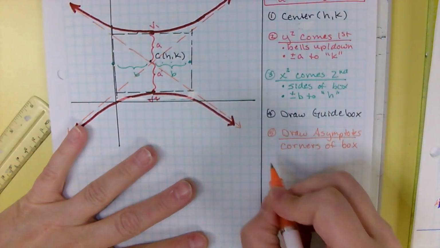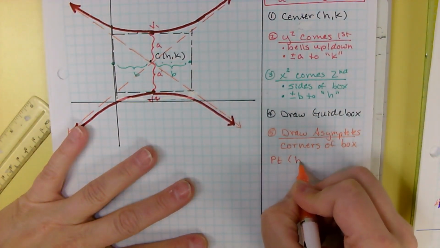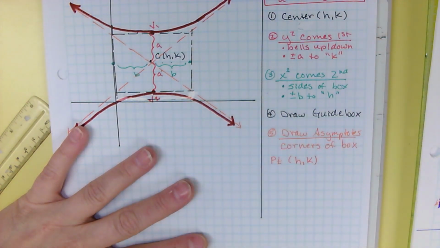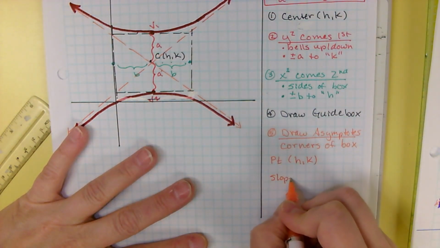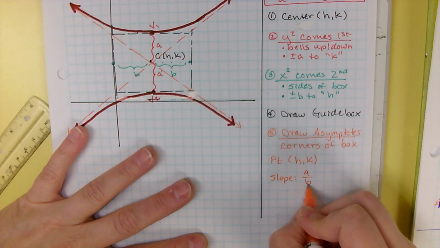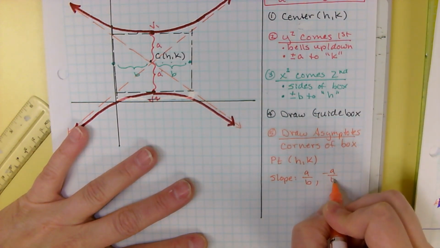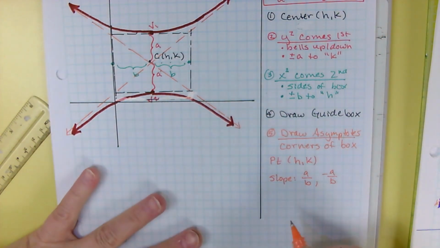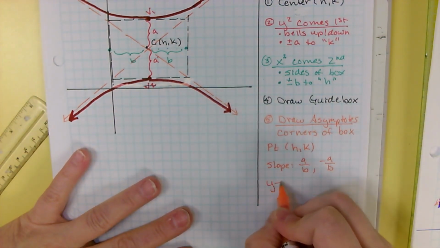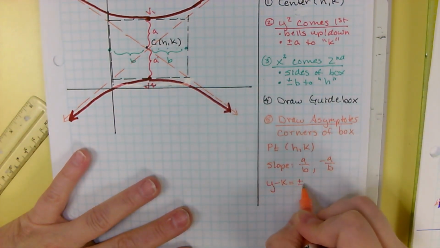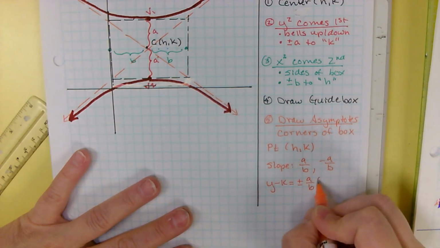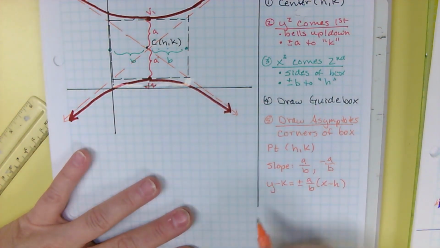So let's write this down. So we're going to use the point h comma k, and then our slope for one of them will be a over b and the other negative a over b. So our combined formula is y minus k equals plus and minus a over b times x minus h.